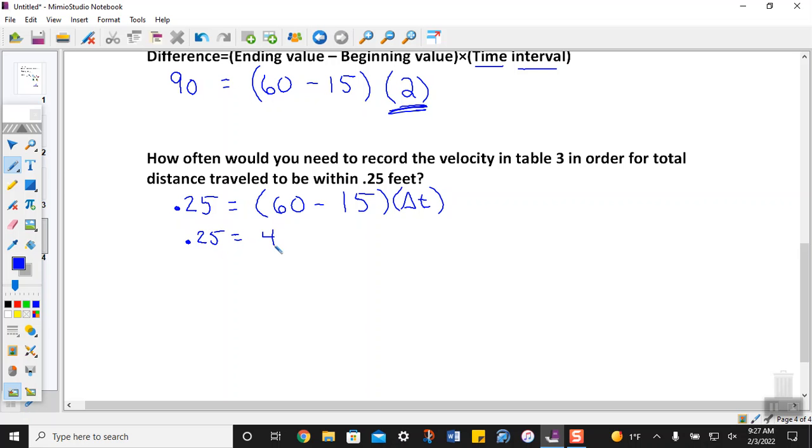Yep. 45 times change in time, or how long our interval should be. What are you going to divide both sides by to find delta t? 45. Maybe this is a pretty small decimal, I know that. Oh, I don't want to divide by 0.45, I want to divide by 45. So divide by 45, divide by 45. What are you guys getting delta t equal to here? 0.005.